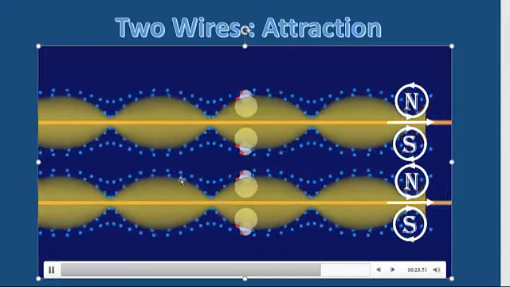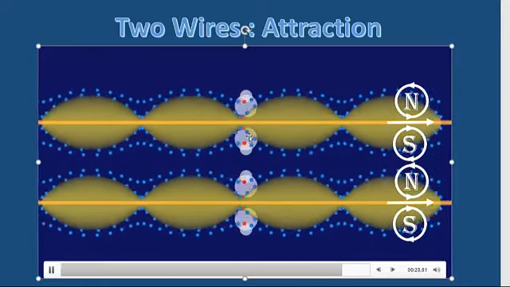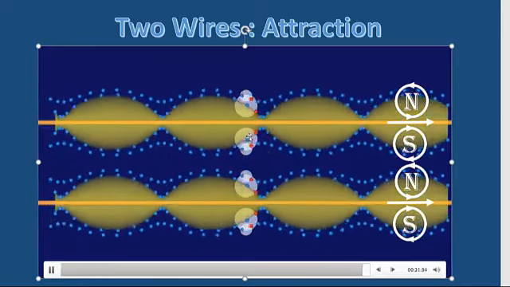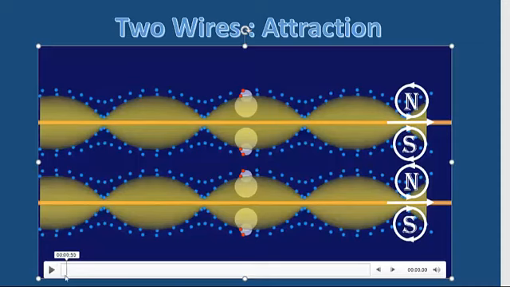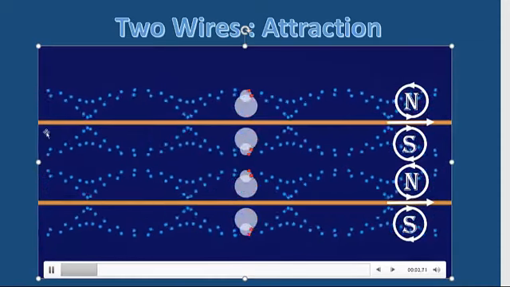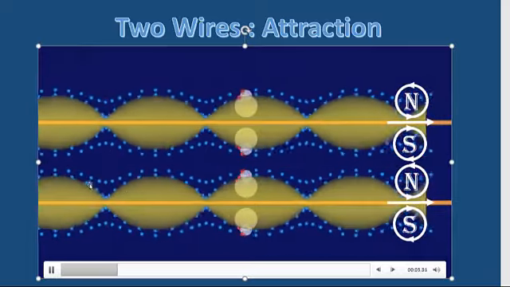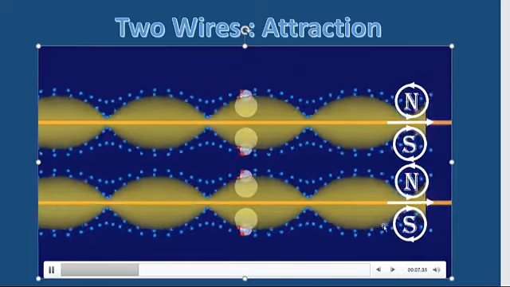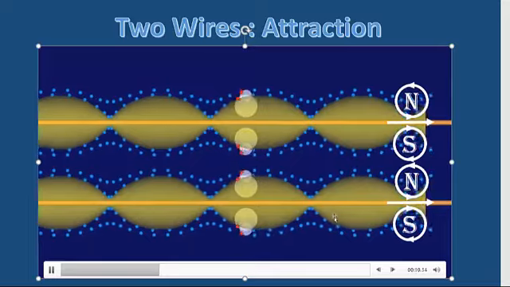So this model here can make a prediction, and the prediction is that if you have two wires next to each other and the electricity is flowing in the same direction, the wires are going to attract.